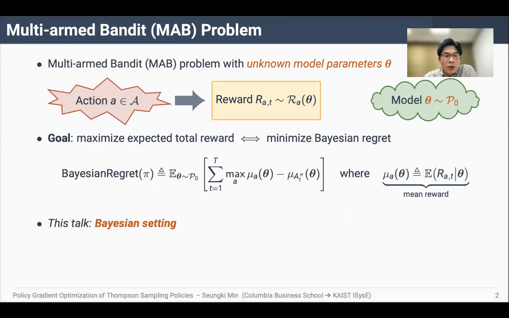Today we'll be focusing on the Bayesian setting where these unknown model parameters theta will be treated as random variables, and we have some beliefs on the distribution of theta. As a performance measure, we're going to utilize the Bayesian regret, which is the expected value of the regret over the randomness of theta.